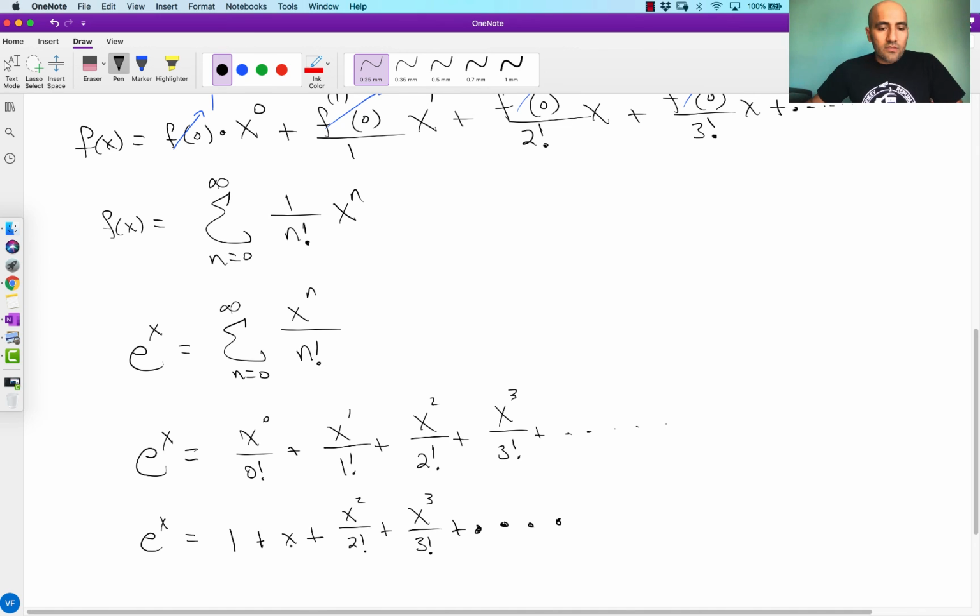In fact, just to establish that pattern, I probably should have left this as x to the 1 over 1 factorial. Okay, so here it is. This is the Taylor series expansion of e to the x.